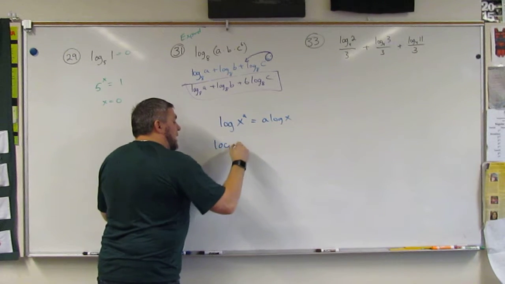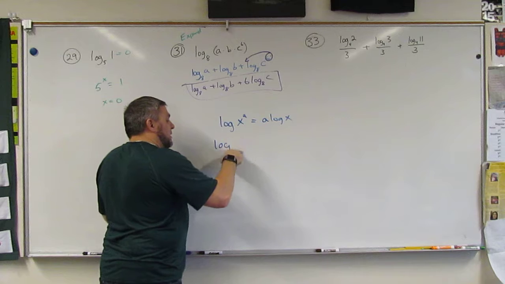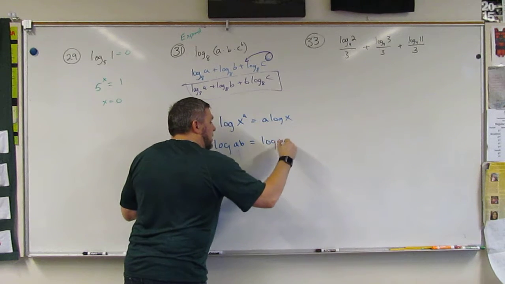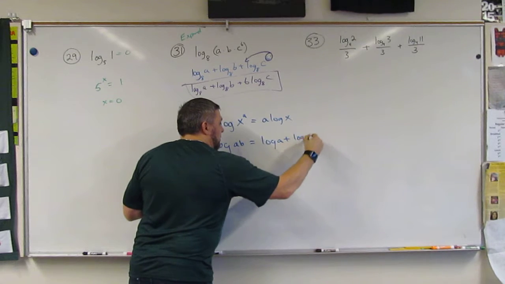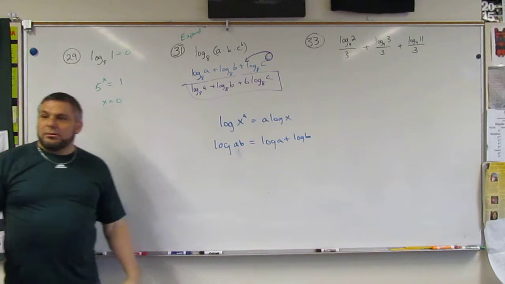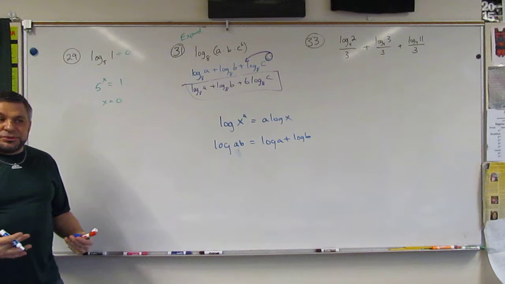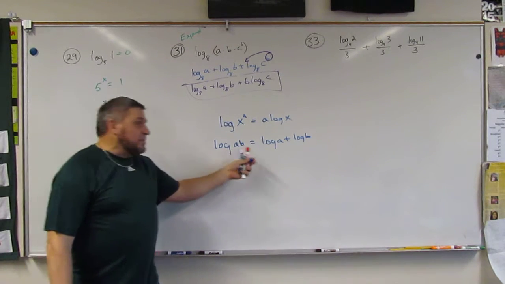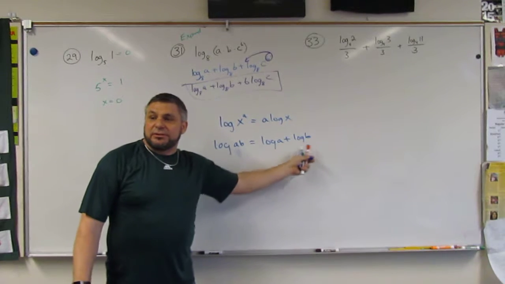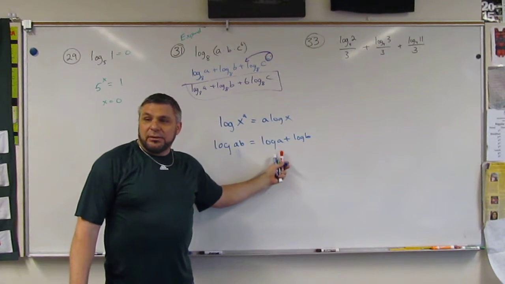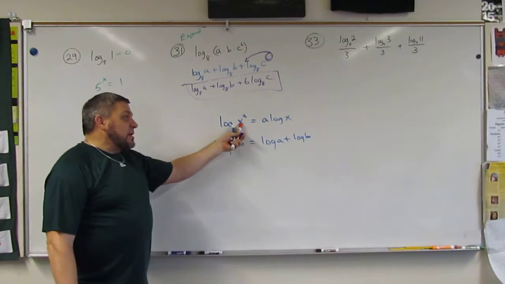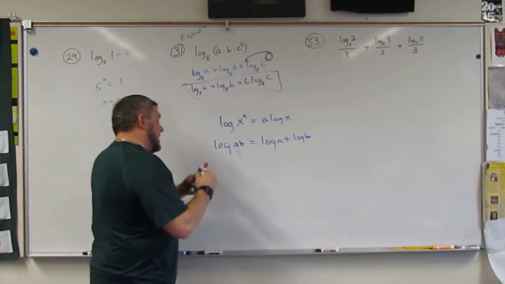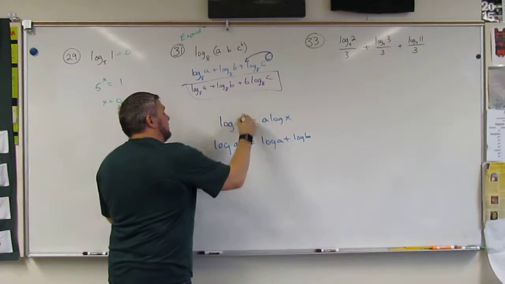Log of AB is equal to log A plus log B. You have to know these rules. If we're multiplying inside the log, we split it up by adding those two logs. If we're taking a power inside the log, we're really multiplying that log, so I'm just moving it outside.